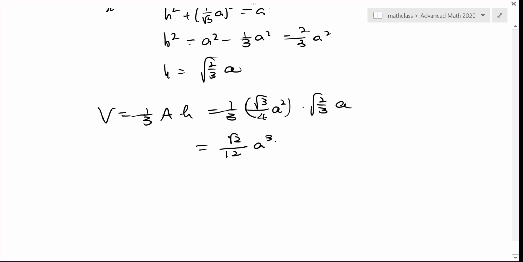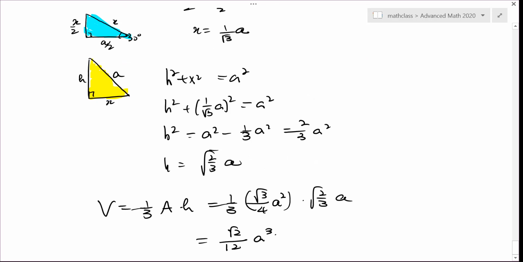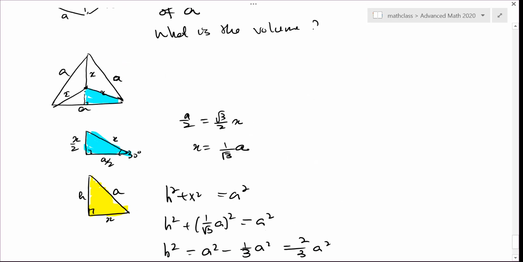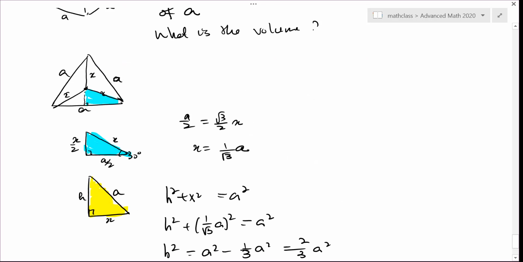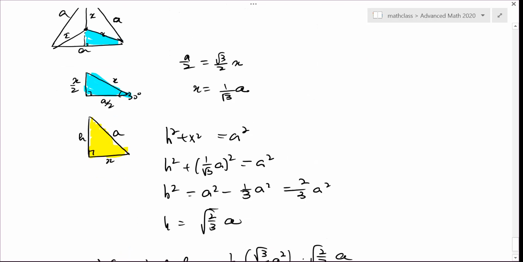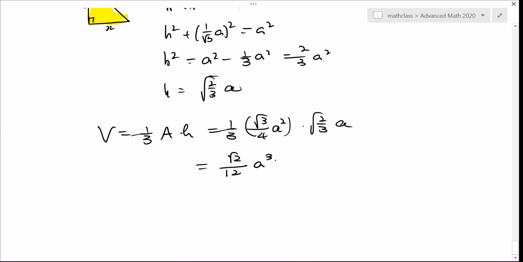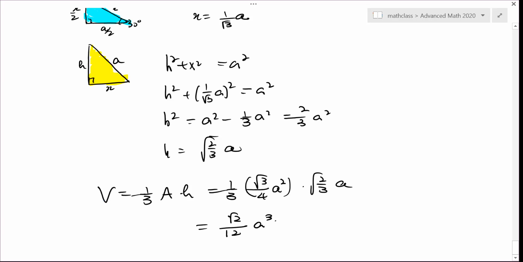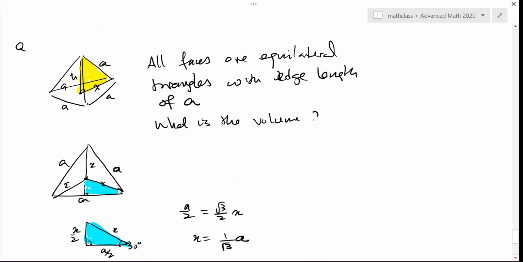Okay, let's go over this problem again. You have a pyramid with a triangular base, and you get an equilateral triangle on the base.